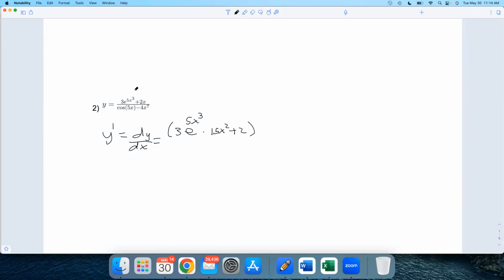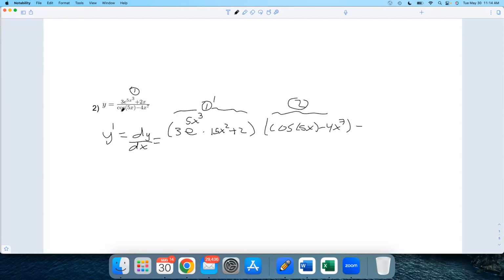Okay, so if this is function number 1, this is number 1 prime here. Times the bottom, leave the bottom alone. This is quotient rule. So this is just number 2. Minus derivative of the bottom.